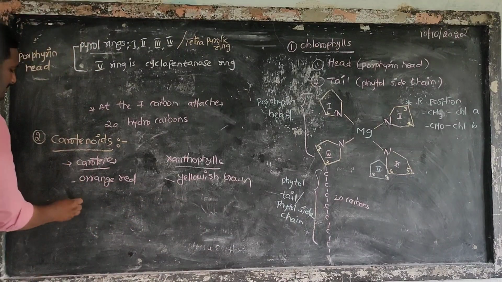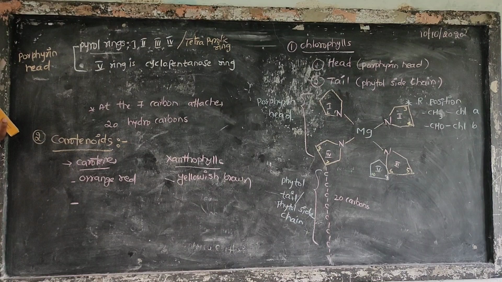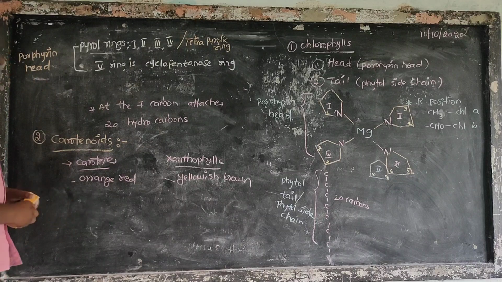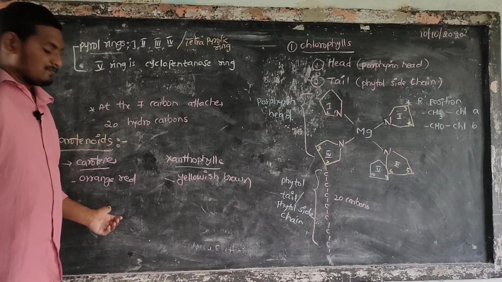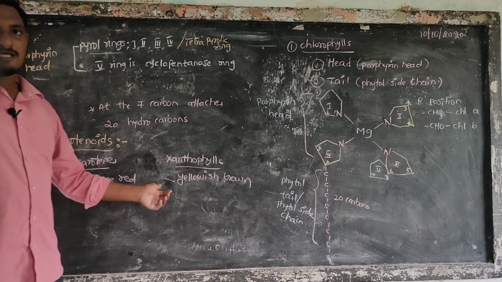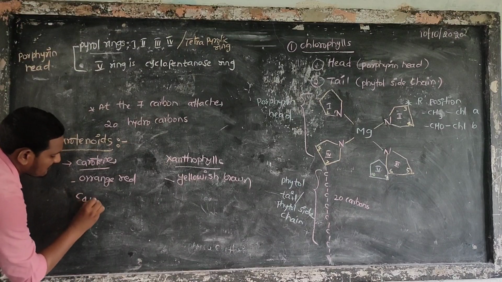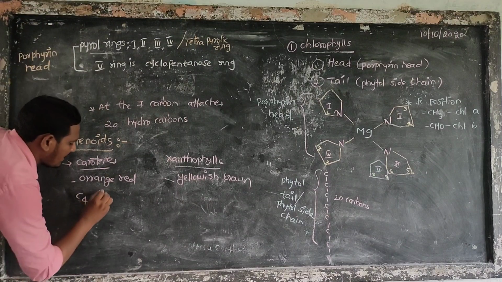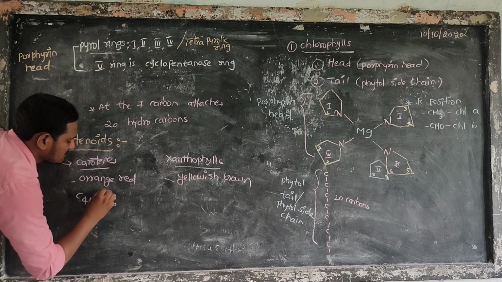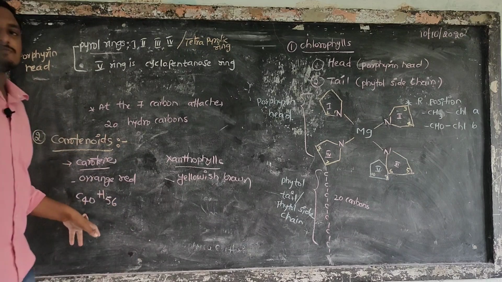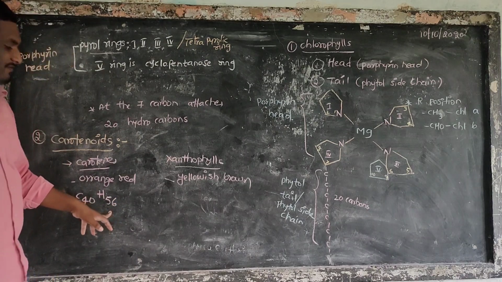These carotenoids are mainly carotenes and xanthophylls. Carotene structure is C40H56: carbon molecules are 40, hydrogen molecules are 56.